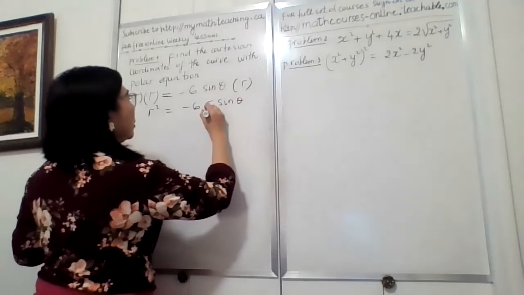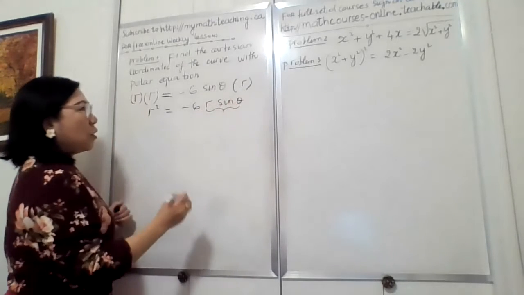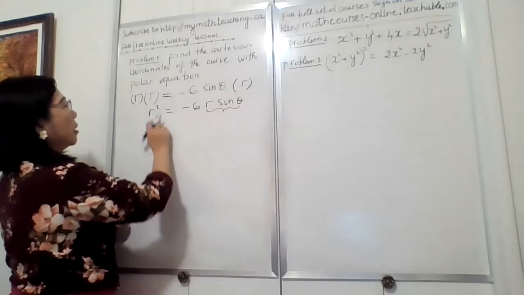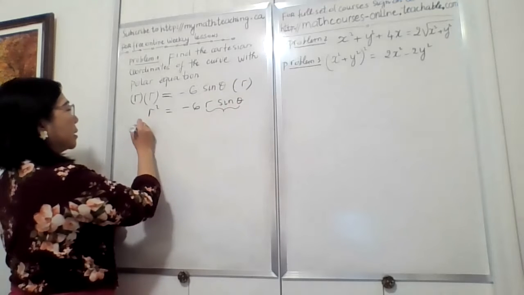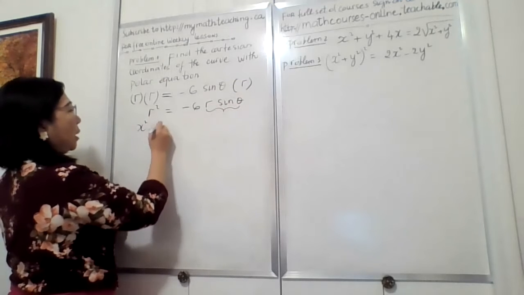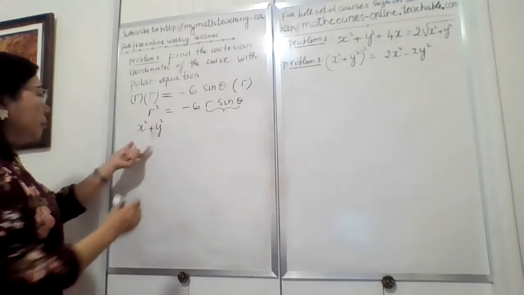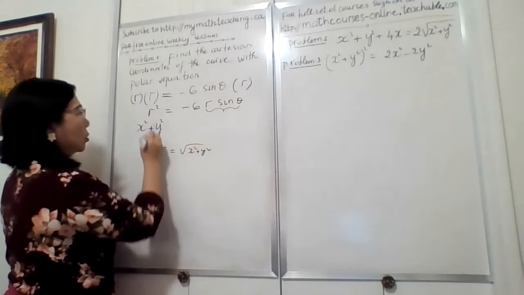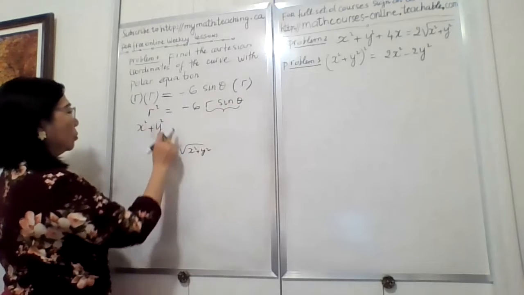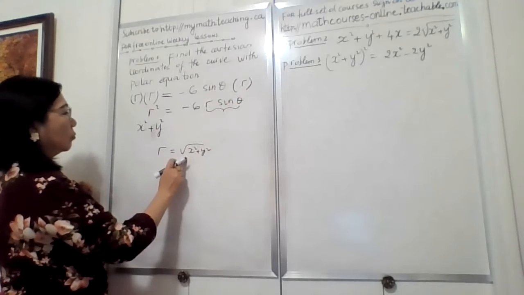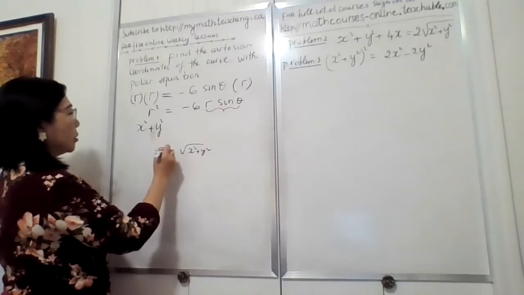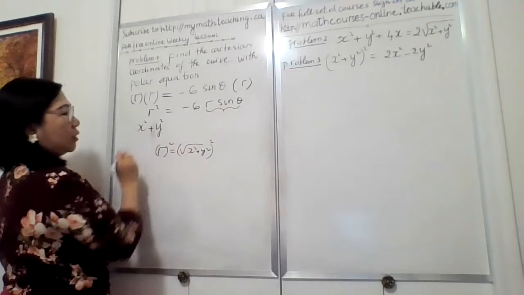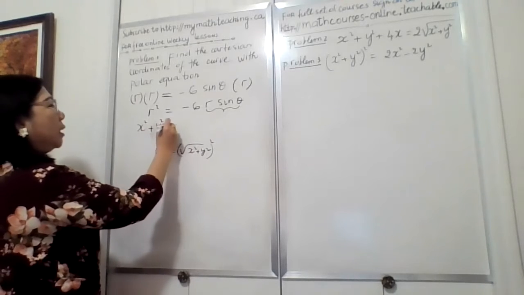Now remember, for this r squared, we can make it as x squared plus y squared, right? Remember r equals the square root of x squared plus y squared. So r squared, squaring both sides, will equal x squared plus y squared.